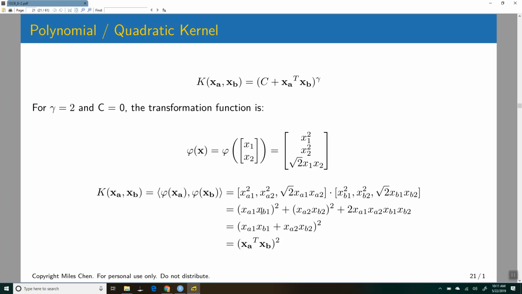When we take the dot product, this simplifies to the quantity xa1 xb1 plus xa2 xb2, squared, which is the inner product of xa and xb, squared.